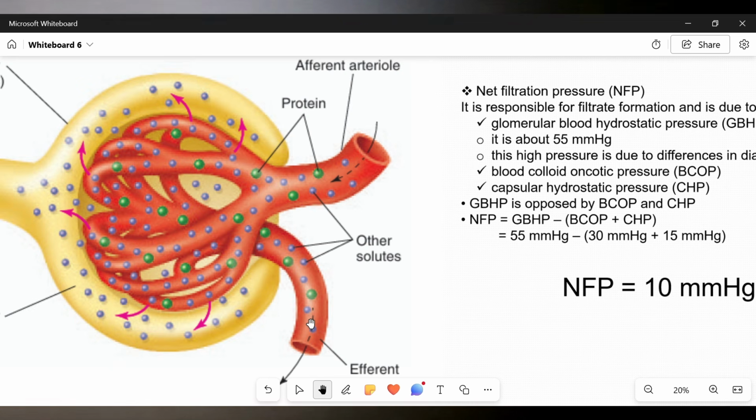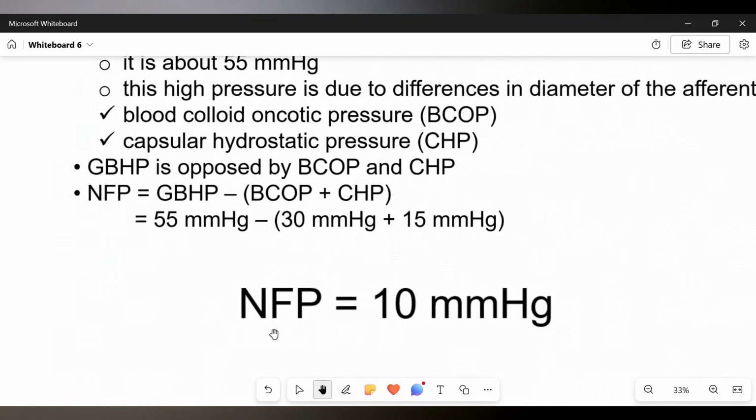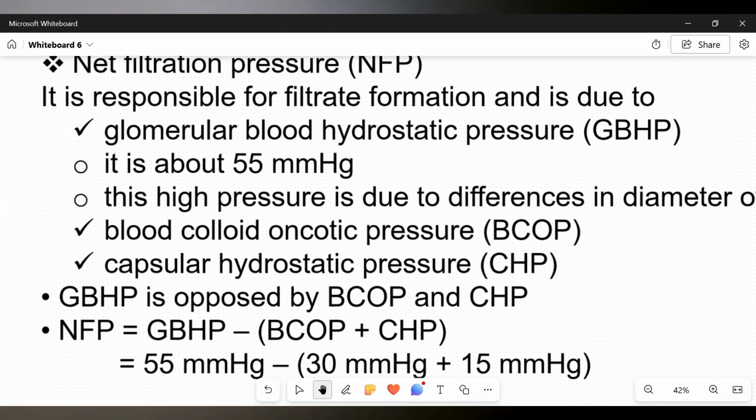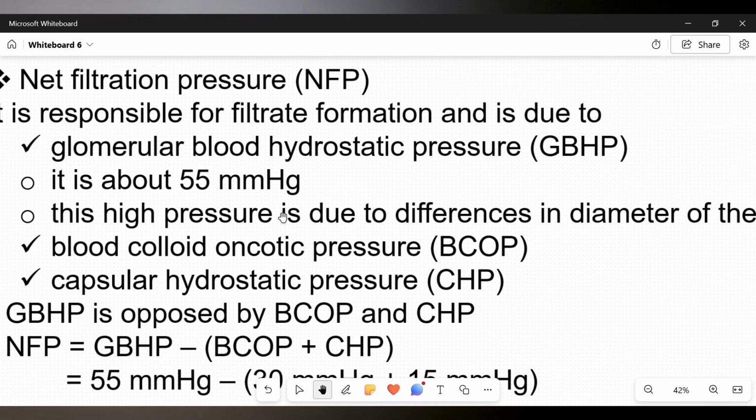That difference in the diameter of these two arterioles creates the pressure. This pressure enhances fluid to be filtered from the glomerulus. It has a value of about 55 millimeter mercury. So take note, it is the difference in diameter between the afferent and efferent arteriole that accounts for this pressure.